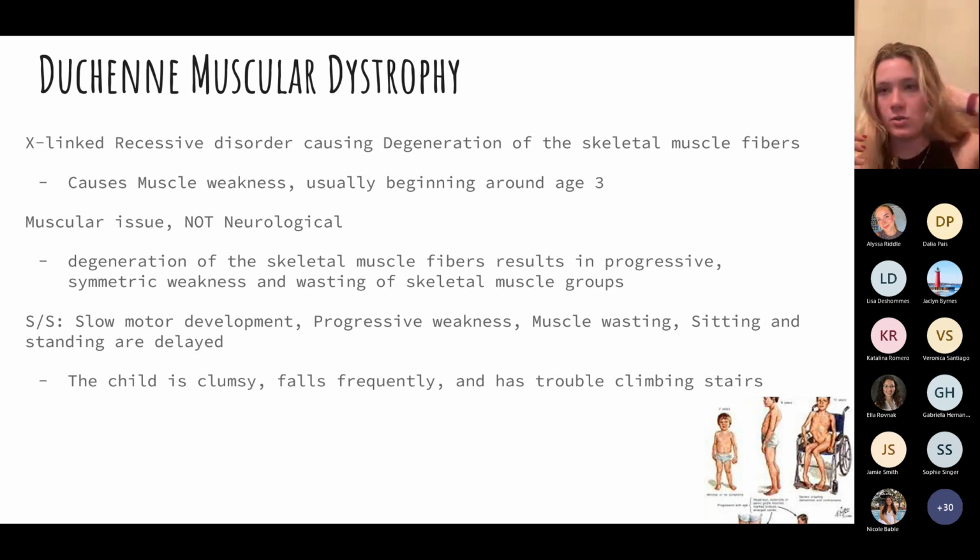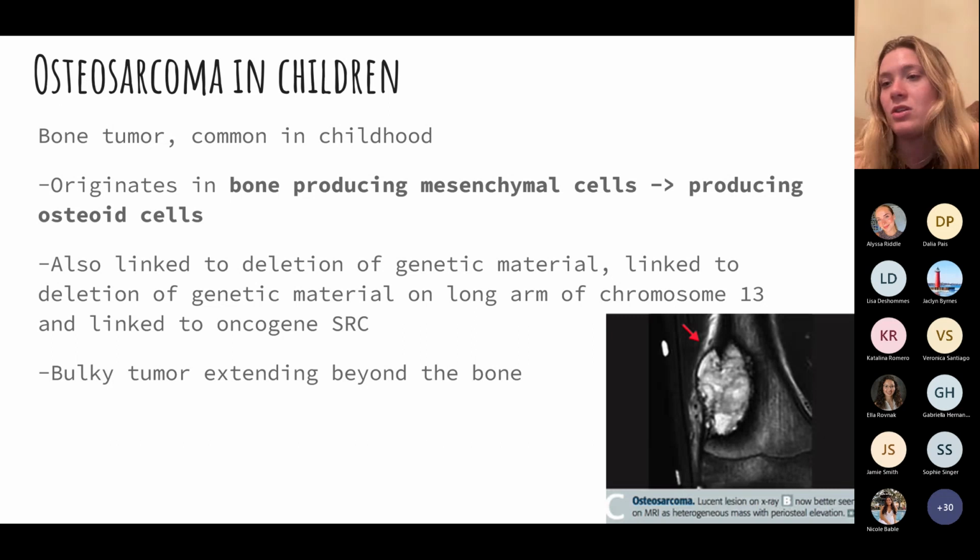They'll just have delayed motor development, maybe some muscle weakness. The parents might notice that at 1 or 2, they're not really trying to stand, or they're having a really hard time sitting upright and standing, climbing upstairs, etc. So they're just not meeting the physical milestones per se.